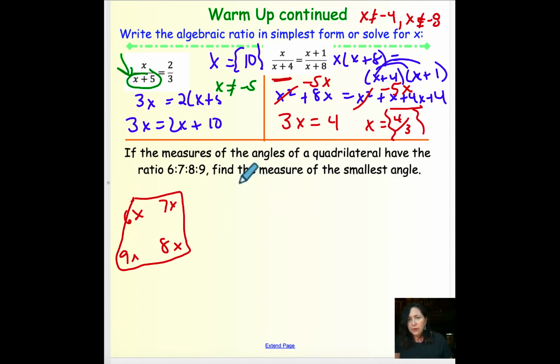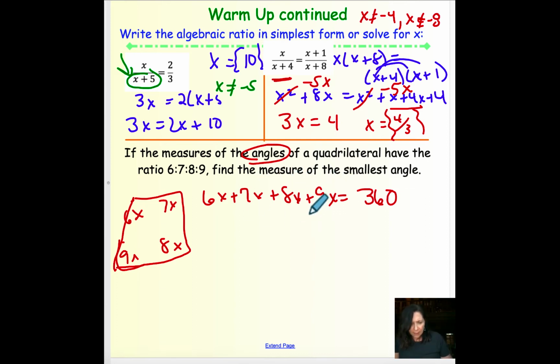Additionally, I do know that the values of my angles, which this represents, the sum of the angles of any quadrilateral is 360 degrees. So if I add up all of my angles, I'm going to have 6x plus 7x plus 8x plus 9x.